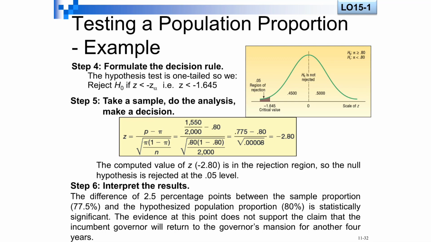So the value that we get from the formula is greater than, it's on the negative side, right? The value that we get from the table. So we conclude that, okay, it's located in the rejection area, so we have to reject the null hypothesis. And to interpret the result, the difference of 2.5 percentage points between the sample proportion and the hypothesis is significant, so we reject the null hypothesis.